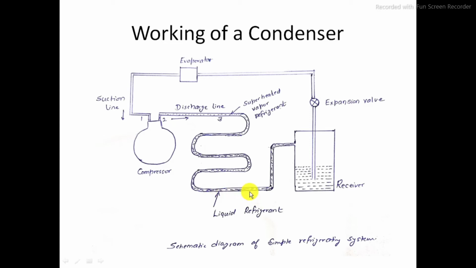The liquid refrigerant enters into the receiver. From the receiver, it goes into the expansion valve where its pressure and temperature are decreased. Liquid refrigerant goes into the evaporator where it gains latent heat and gets converted into vapors. Then it enters into the compressor and again the cycle goes on.